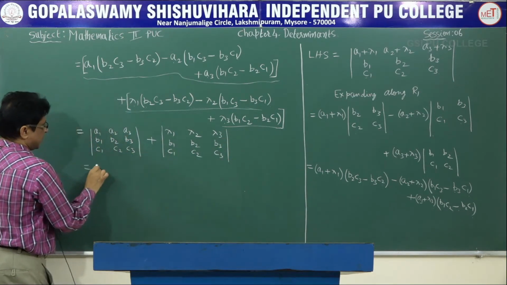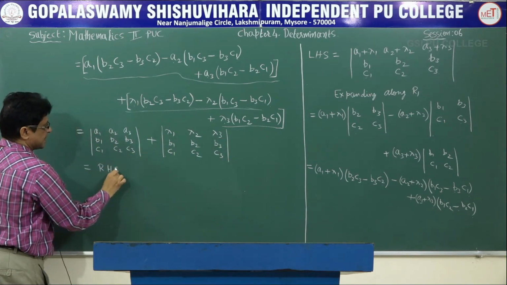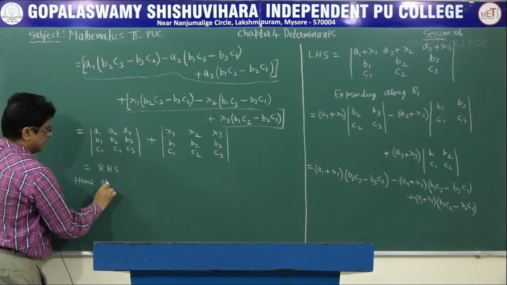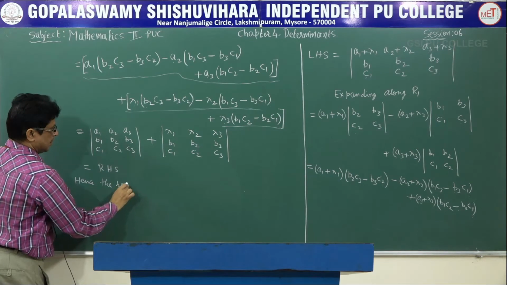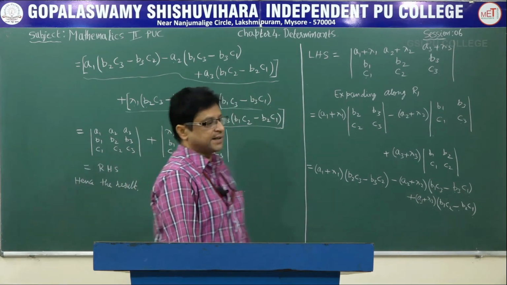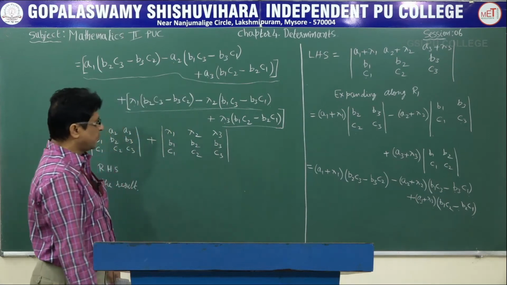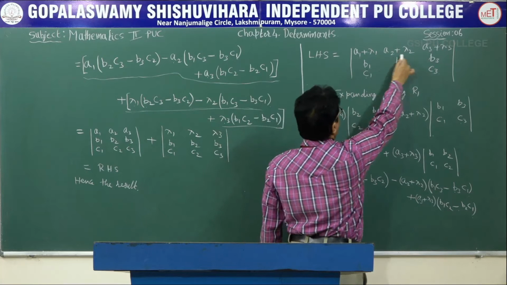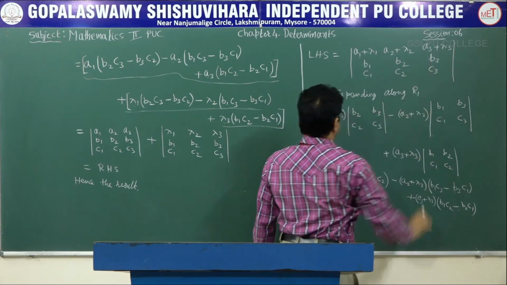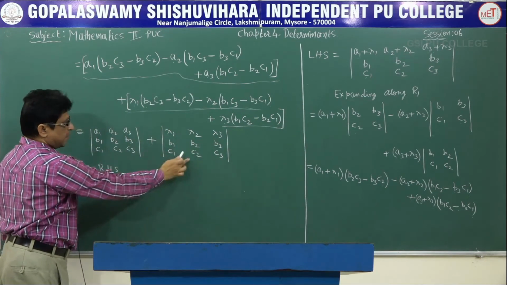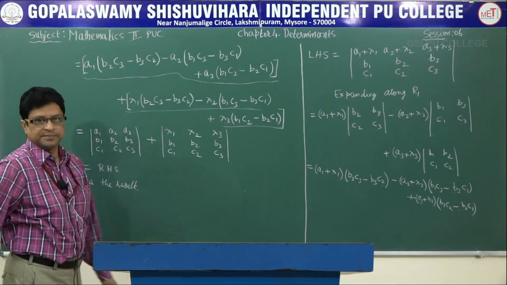So this will be equal to RHS. Hence the result, that is, if a row or a column is sum of two terms, then the whole determinant can be expressed as sum of two determinants.